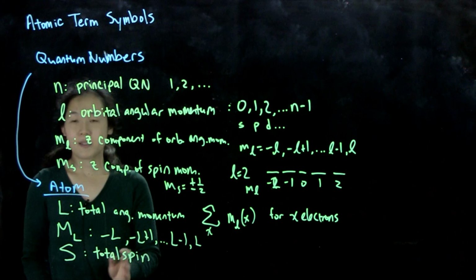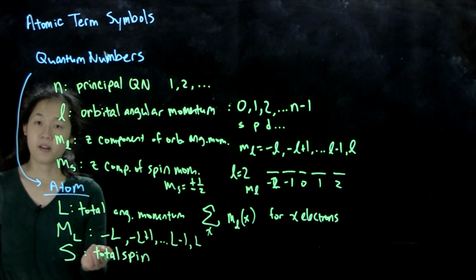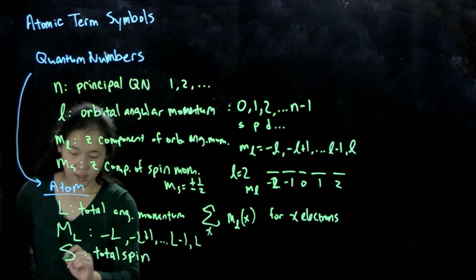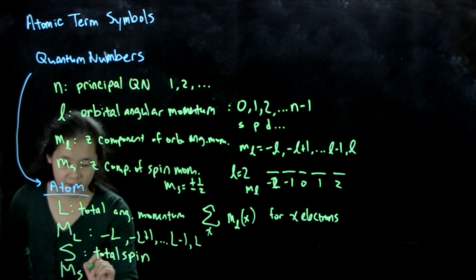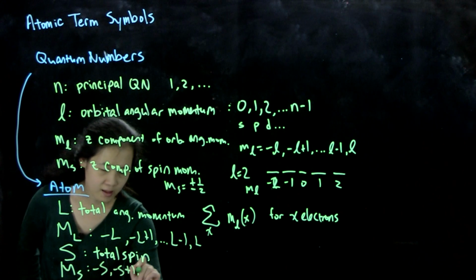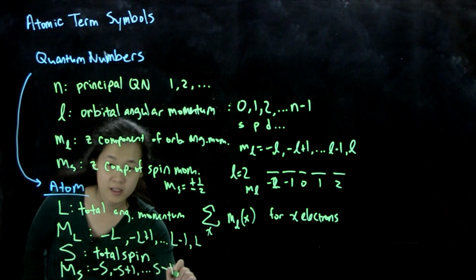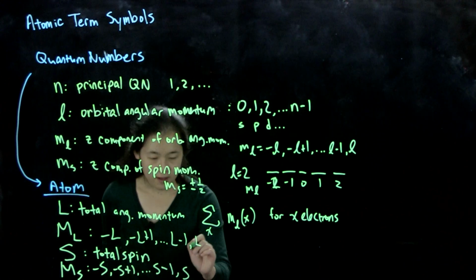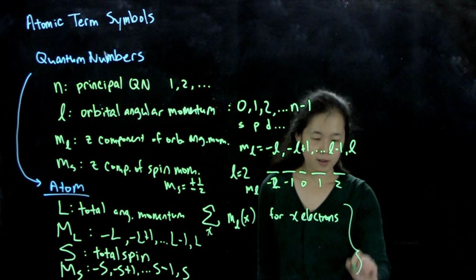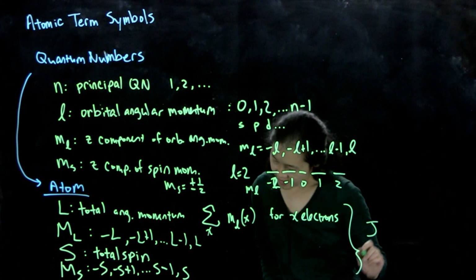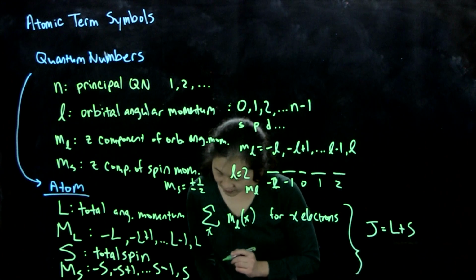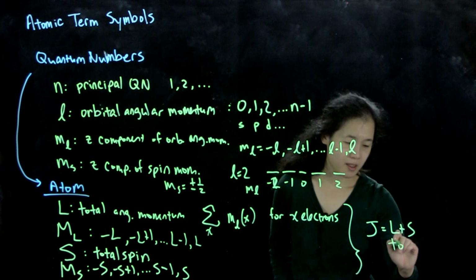Then we have total spin, S, which we talked about before. It's the number of unpaired electrons that you have times 1/2. And then we have also big M sub s, which is going to be negative S, negative S plus 1, to S minus 1, S. Together, L and S will also give us J, which is L plus S, and this is the total angular momentum.